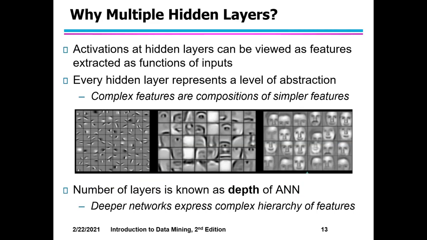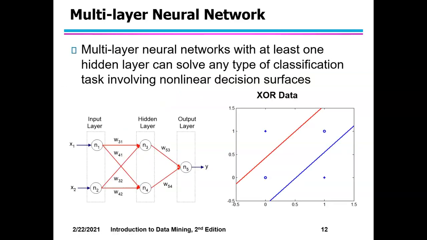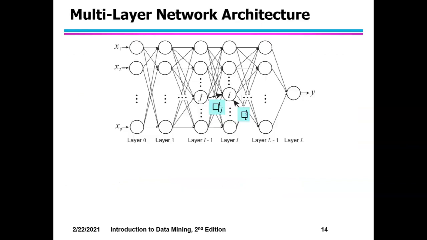Now this is another classification via multiple layers. Multiple layers have many features, as you can see, and the number of layers here is called the depth of the network. If the number of layers is 10, the depth is usually considered to be 10.